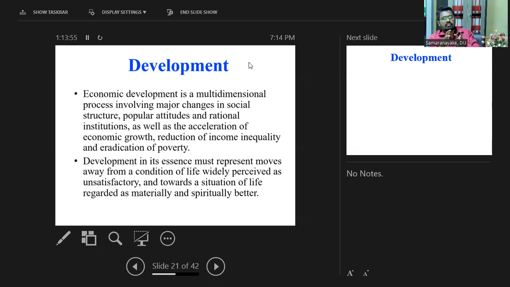We widely consider that we are in a highly unsatisfactory situation. So now we need a movement towards a better situation of life through two lenses, because we need to make it better through material as well as spiritual lenses. And if we make it better through these two lenses, then we can say, yeah, that is where we are going to reach development. Okay, because it's a highly multi-dimensional matter, and however, our focus objective will be something like what we just discussed.